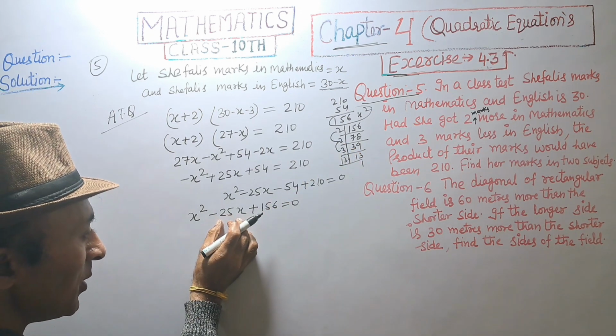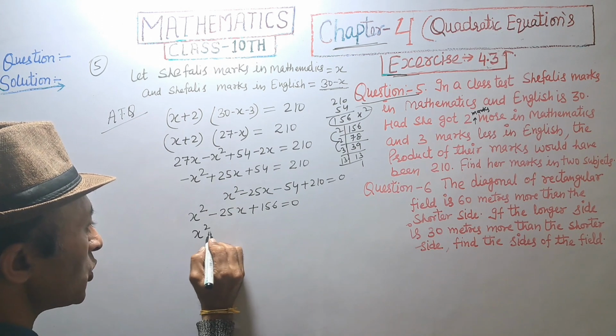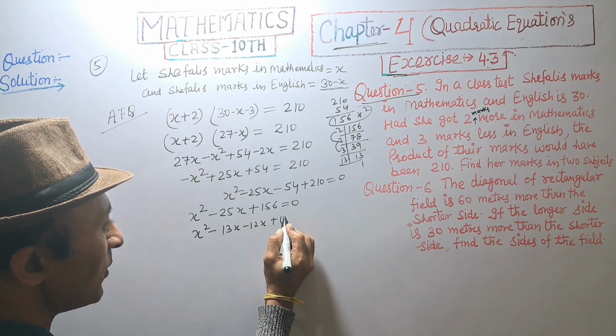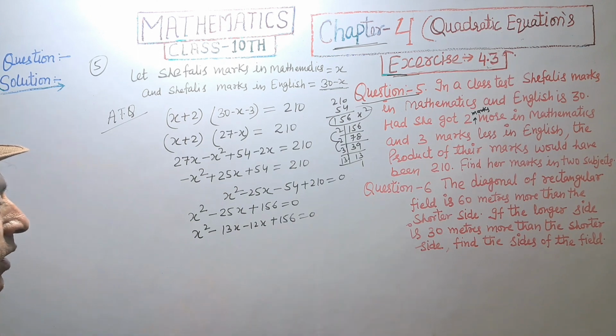We are splitting minus 25x as x raised to power 2 minus 13x minus 12x plus 156 is equal to 0.